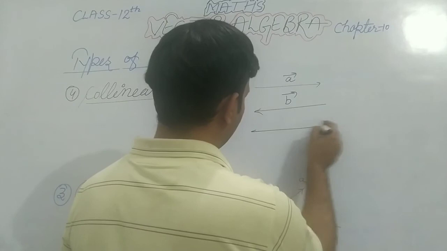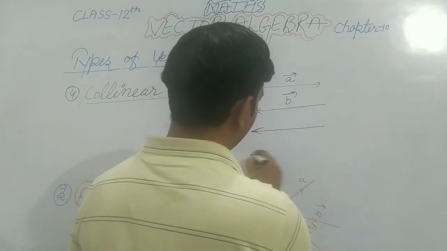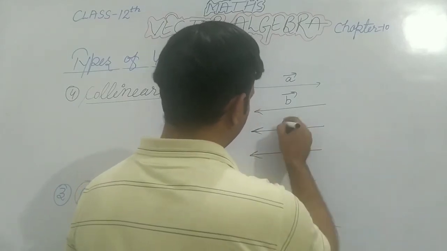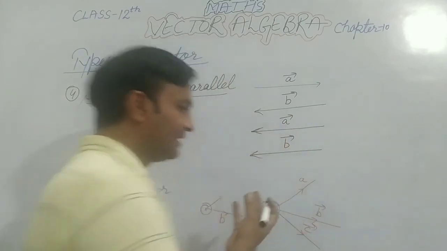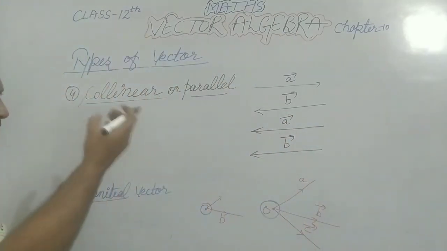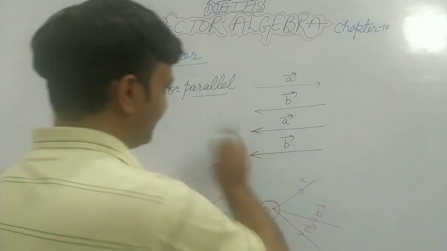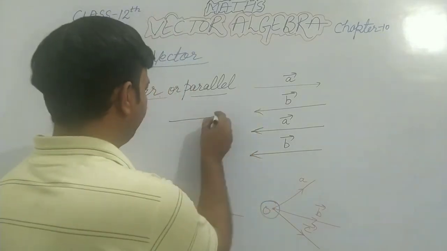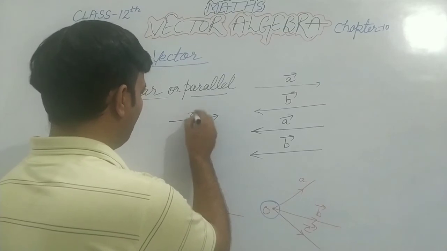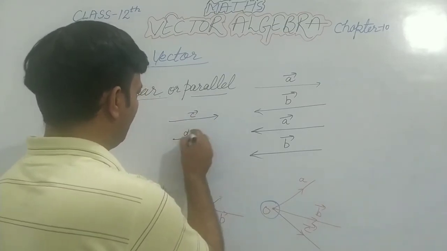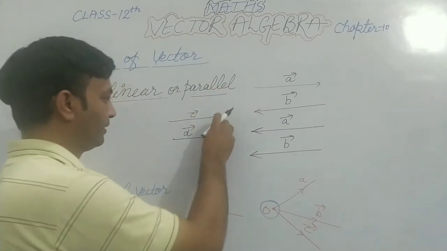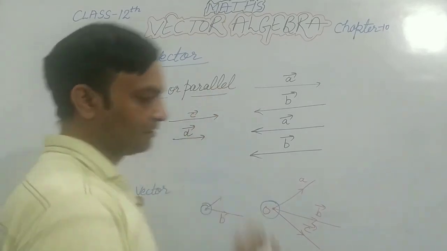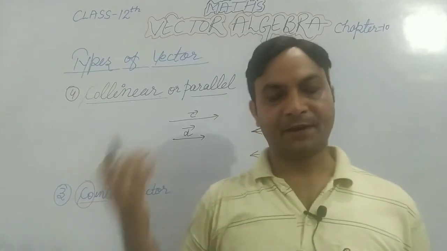So we can say that the vectors are collinear vectors, isn't it? It doesn't matter what the direction is, the vectors are parallel to each other. So collinear vector, in other words, we can say parallel vector.